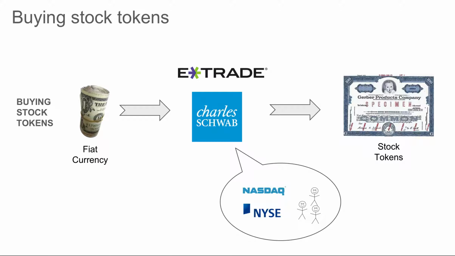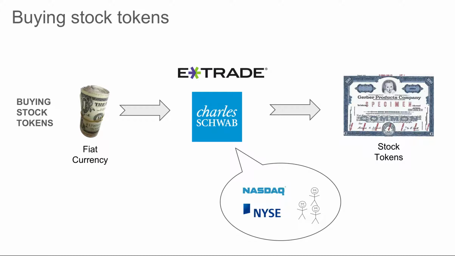You have US dollars, which is also called fiat currency. You take it to a provider like Charles Schwab or E-Trade, and you open an account. You give them your fiat currency and tell them what stock you want, and then Charles Schwab would go to an exchange like Nasdaq or NYSE and make the purchase of those stock tokens.